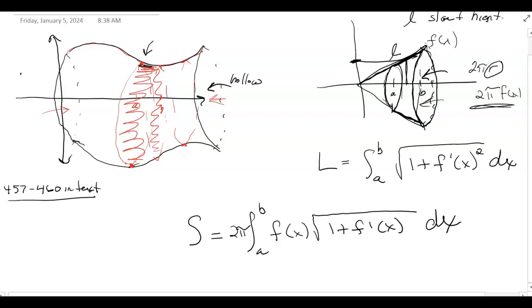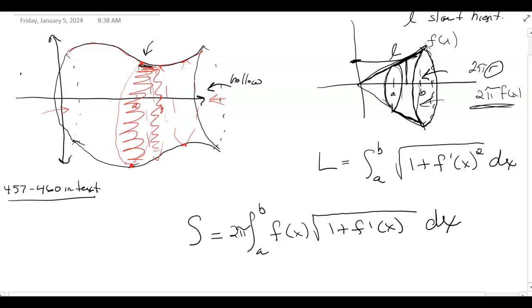So, you know, volume, when you did discs or even washers, you used area of a circle, right? When we moved to shell, it was more of the surface area of that cylinder.